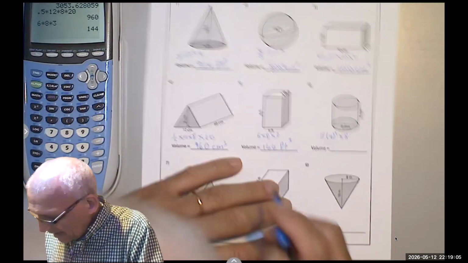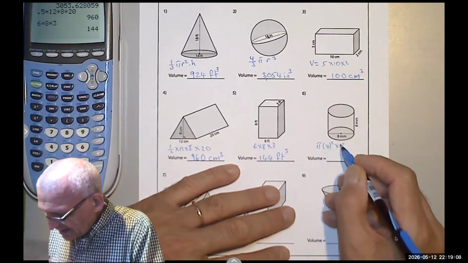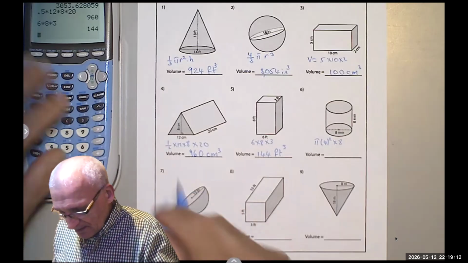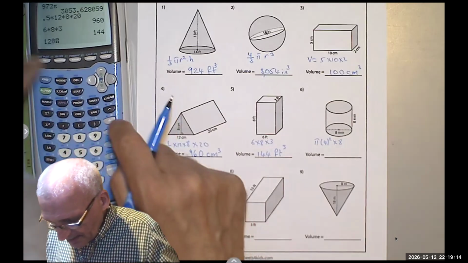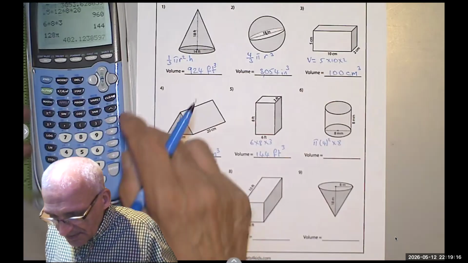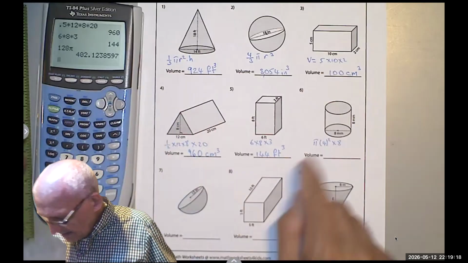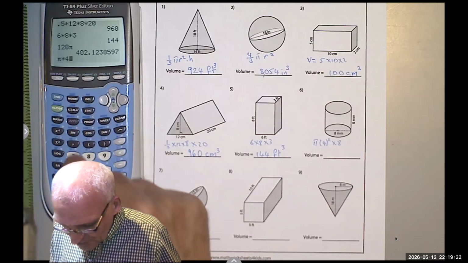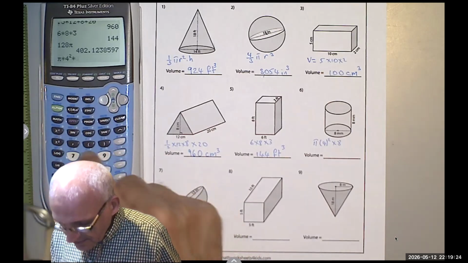Anyway, so this is 16 times 8 is 128 pi. 128 pi equals this. Oh, but let's do it mathematically. Pi times 4 squared times 8.